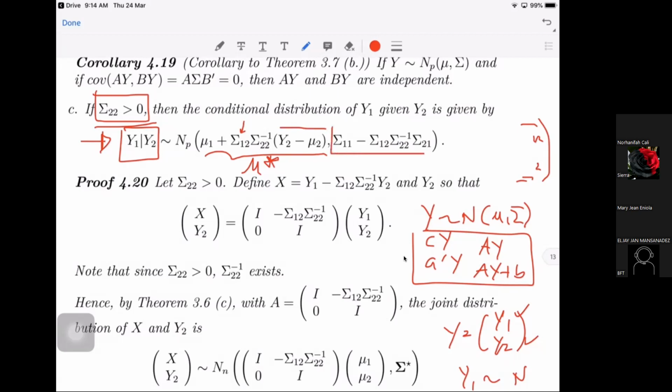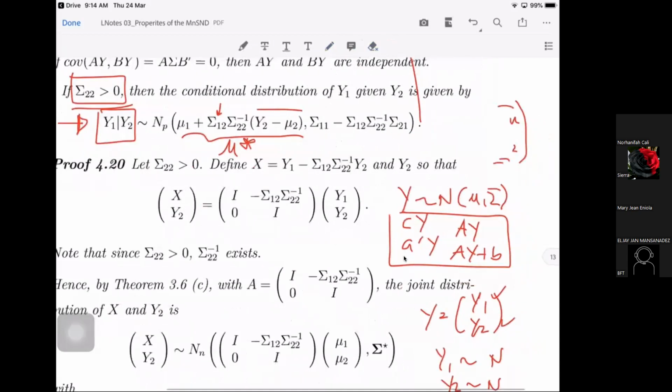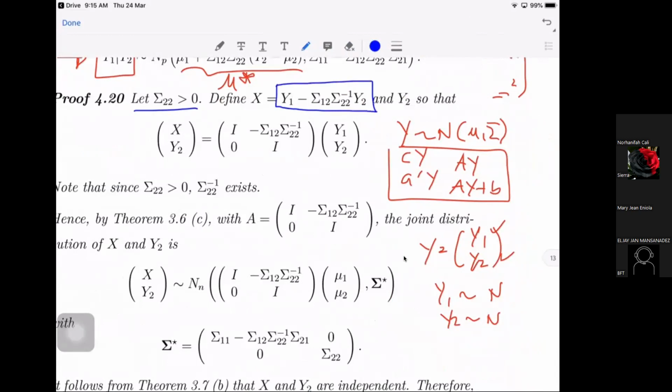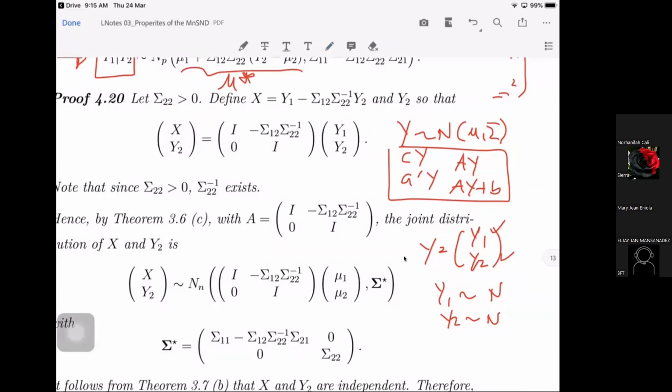And the covariance matrix is equal to this term. Okay, so to prove that, this is the assumption. Now we will let x be this term here.